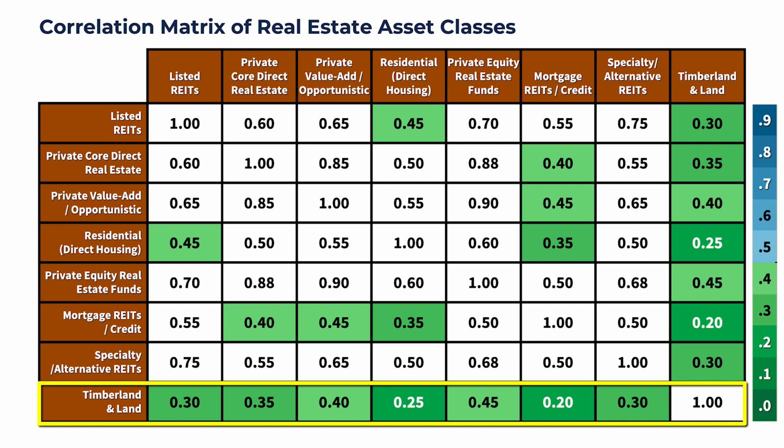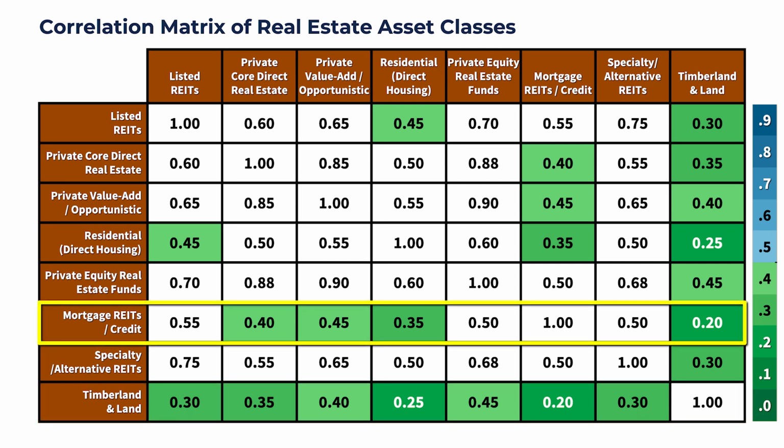Notice I left farmland off this; we talked about farmland in depth earlier in the conversation. But when we look at timberland and land, there are tons of synergies that come into play. The other place where we see a lot of synergies is mortgage REITs and credit. That's because they are fundamentally different animals than a hedge fund or private equity or a physical REIT buying an apartment complex or a downtown building.